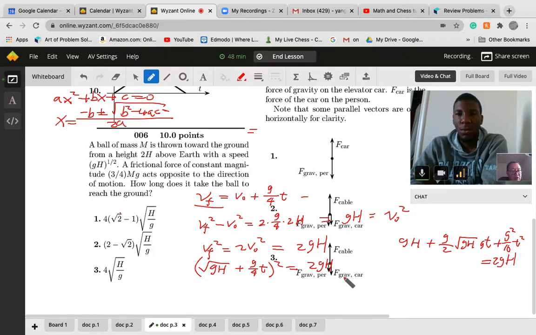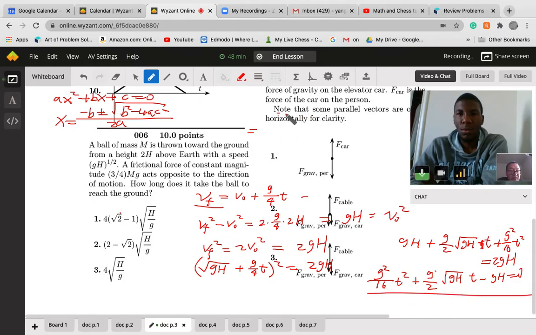So both sides minus this 2gh, we get this one will be g squared over 16 times t squared minus 2, this one, that's 2, this 2g over 4 times t. This one don't have a g anymore. This one will plus g over 2 times gh times t, then minus gh. This one equals 0. Okay? Then we solve this equation.